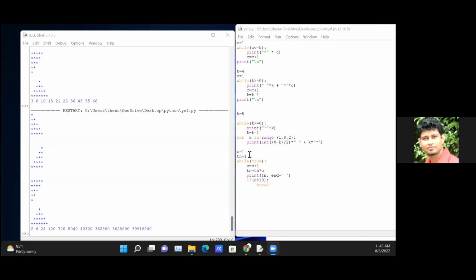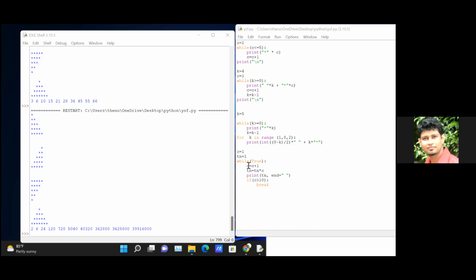In case you want to learn about the factorial theory, it is this. The factorial of any given number is that number multiplied by all the descending numbers down to 1. Let's say factorial 4. If you want to find factorial 4, it is 4 multiplied by 3 multiplied by 2 multiplied by 1.